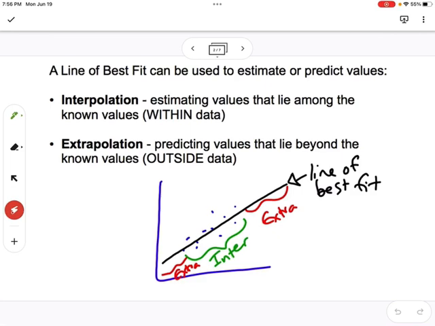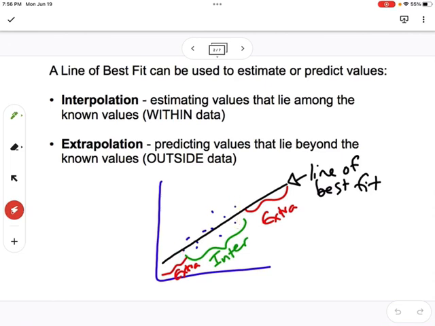So when we have our scatter plots, we want to try to create a line of best fit. Now, this line of best fit is used to estimate other points within the data. Interpolation is estimating a value within the data, so anywhere in between the first data point and the last one.